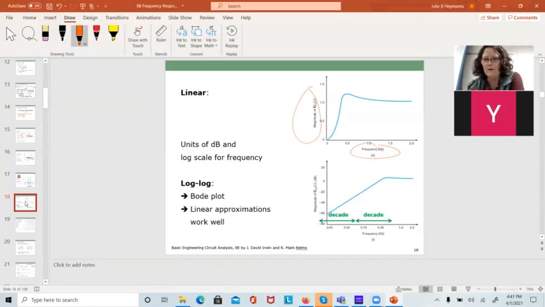Bode was the slide rule genius who came up with the idea: if I plot the magnitude in dB, so it's a logarithmic function on a linear scale, and on the x-axis I put the frequency on a logarithmic scale, I get things that look like straight line approximations. This is a convention for plotting these frequency response plots that still exists.